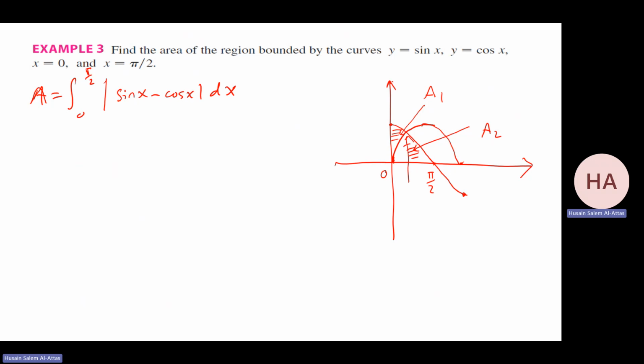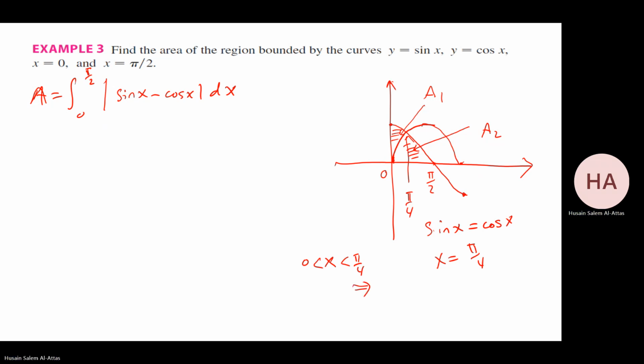This is an important point where sine equals cosine, where I have F above G or G above F. Sine x equals cosine x means x equals pi over 4. So this point is pi over 4. If x is between 0 and pi over 4, then what happens?